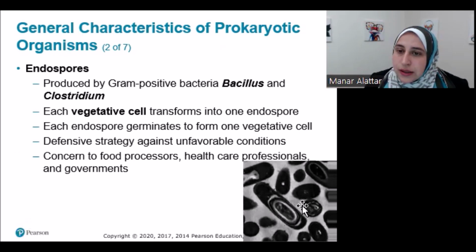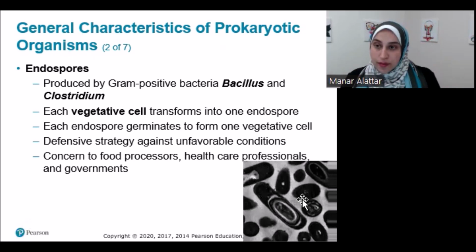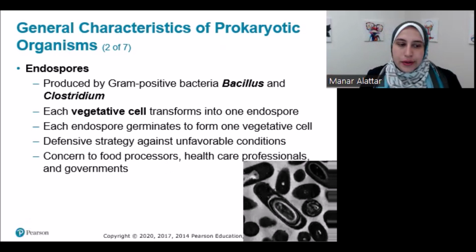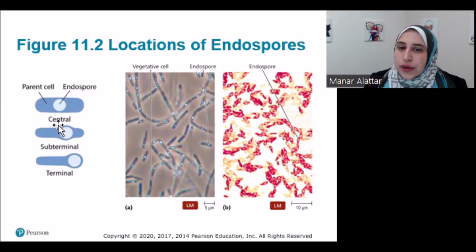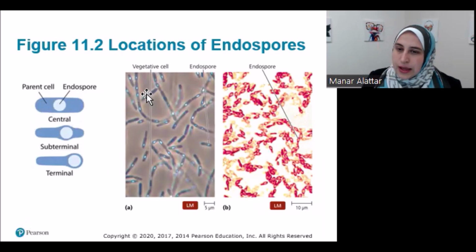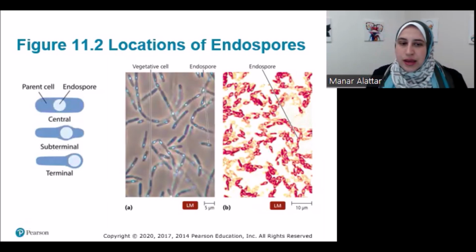You can see here a parent cell with an endospore in the middle or at the end. That gives us an idea that maybe this organism is from these genera that tend to produce endospores. Also, the location of the endospore, whether it's central, subterminal, or terminal, is another indicator of who that organism is.